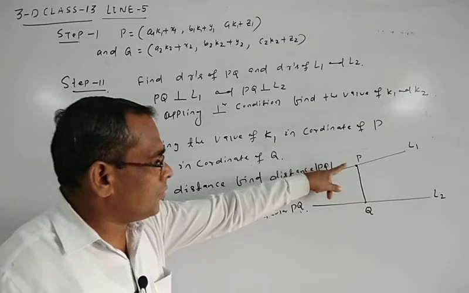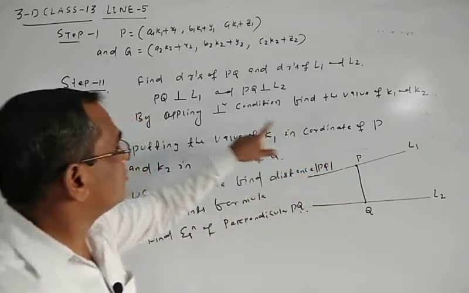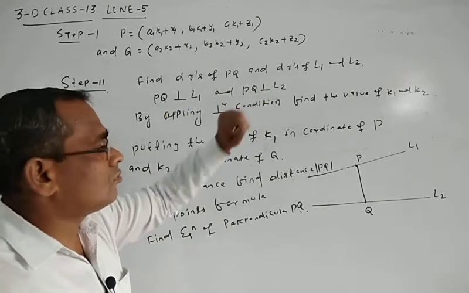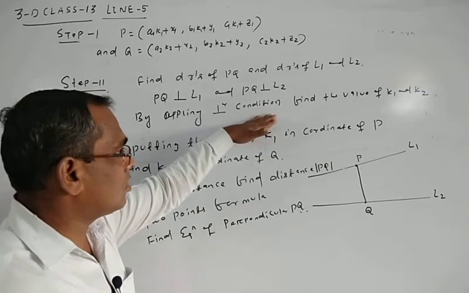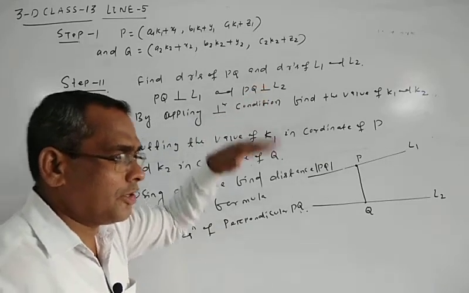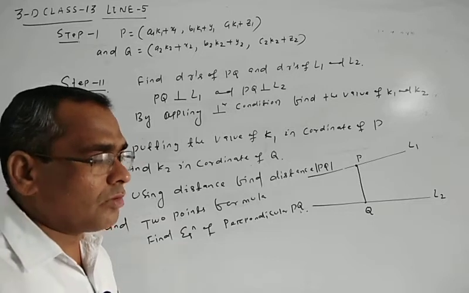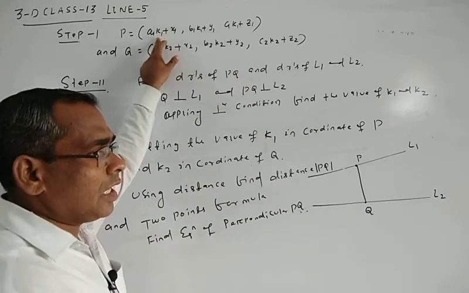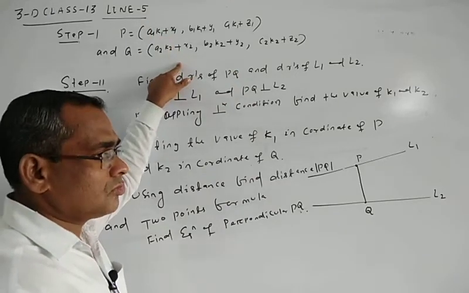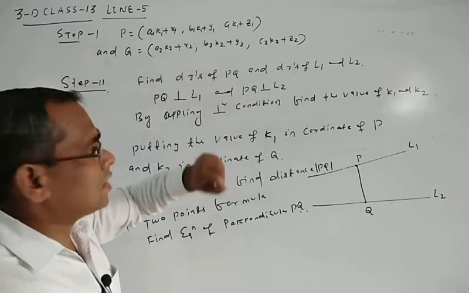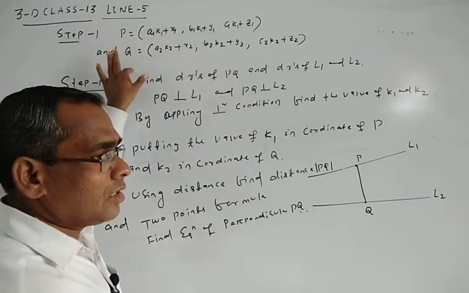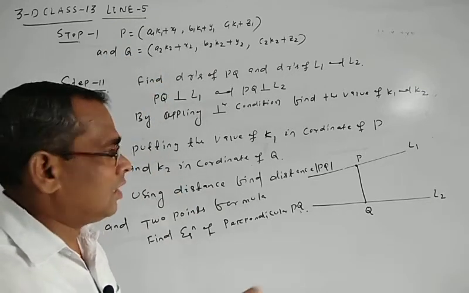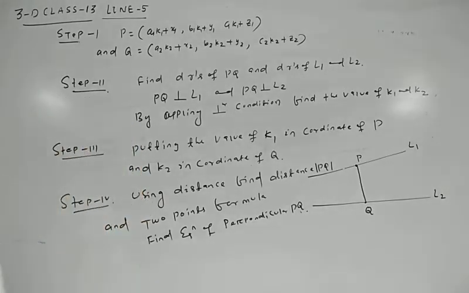Then PQ is perpendicular to L1 and PQ is perpendicular to L2. So using the perpendicular condition, find the values of K1 and K2. After finding them, put the value of K1 in the coordinate of P and the value of K2 in the coordinate of Q. Then you find the distance between P and Q using the distance formula, and using the 2-point formula, find the equation of the perpendicular.